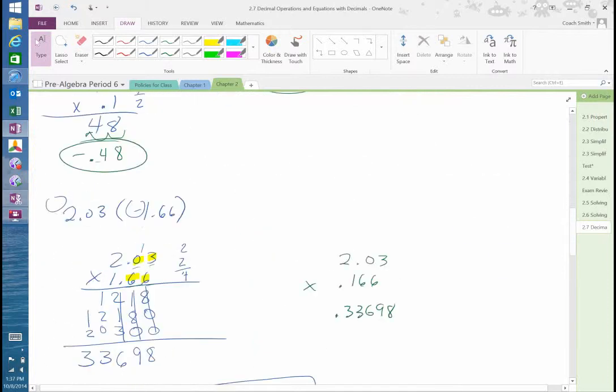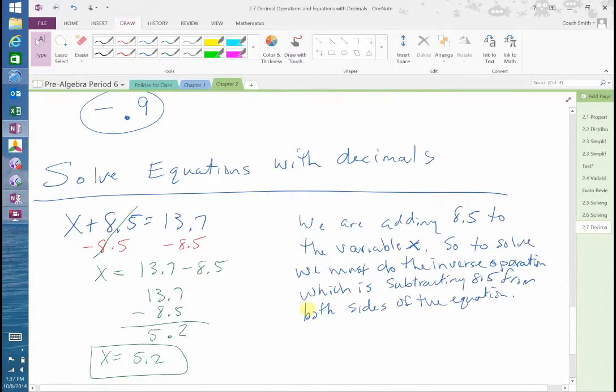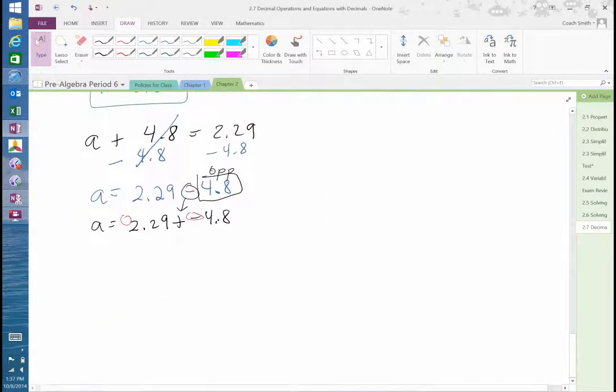So we go back down here, and we're going to do the absolute value of these two numbers and subtract them. The absolute value of negative 4.8 is 4.8. The absolute value of positive 2.29 is 2.29, and I'm going to subtract the absolute values.